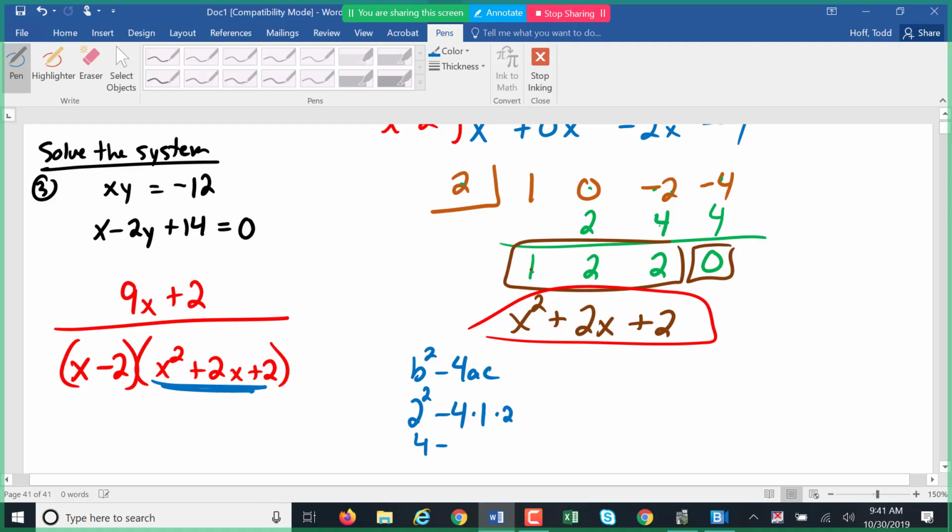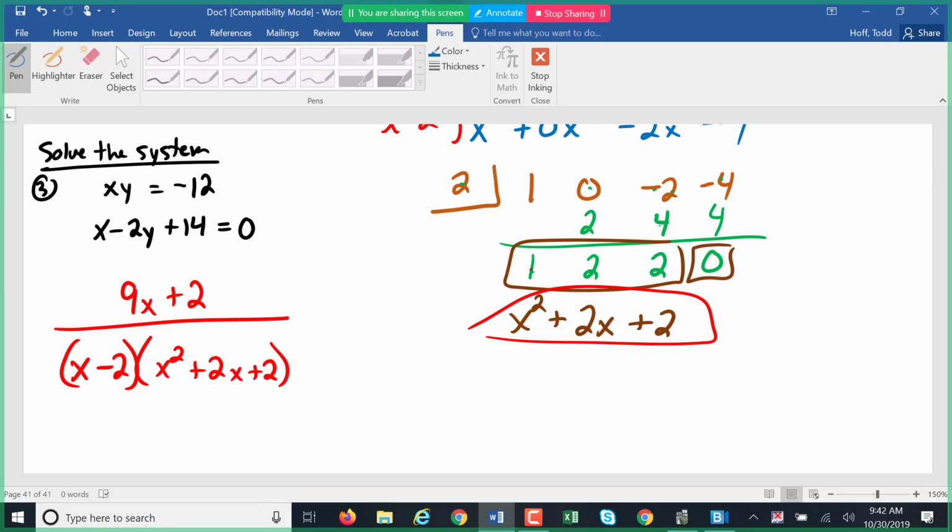So it's 4 minus 8, that's a -4. That is not a perfect square, it's a negative, in fact. So that is not factorable. So what we have here, the 9x plus 2 over x minus 2, x squared plus 2x plus 2, is our factored form for the denominator.